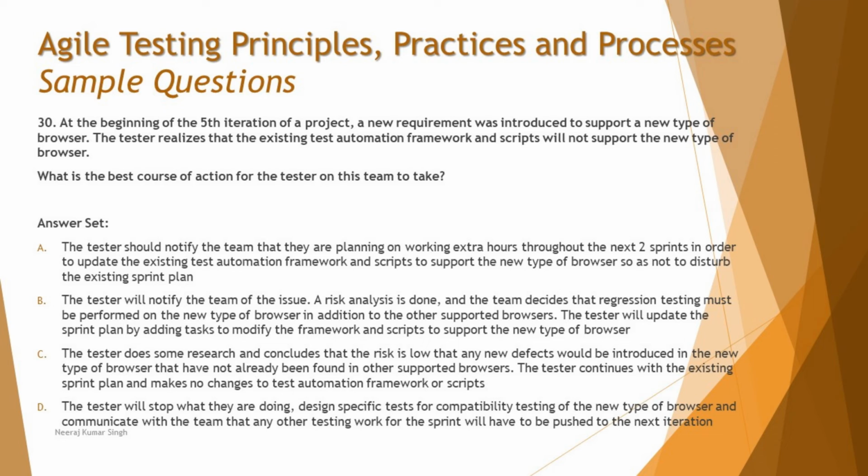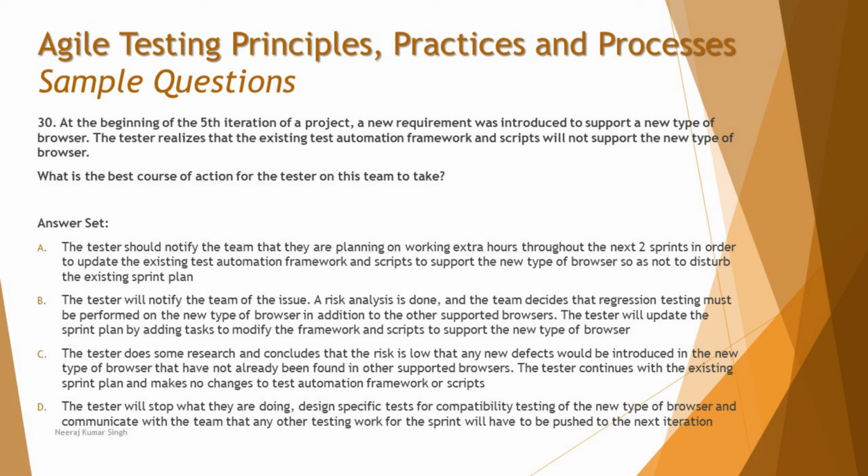Even when changes are introduced by the customer or business, we accept the change, but we take it as the highest priority item in the backlog for the next sprint. We never disturb something which is already ongoing, okay? No matter how high the priority of that item is. So it is not up to the tester alone.